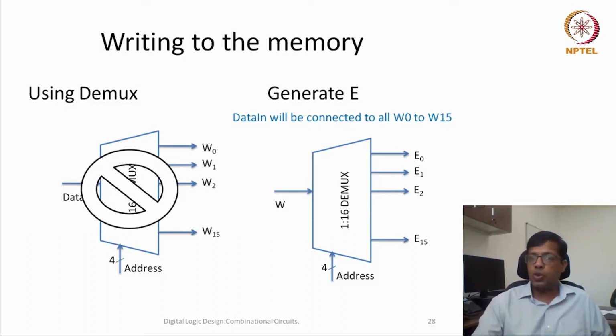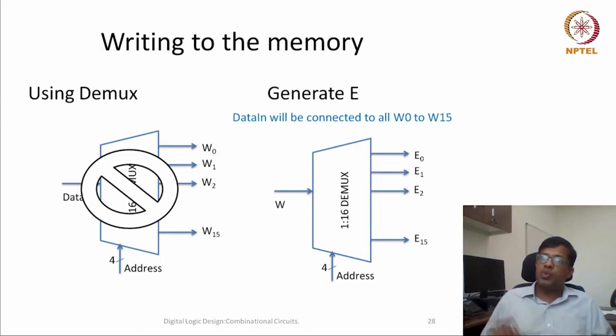Then there would be 16 outputs, of course, and now those 16 outputs have to be ANDed with the write, so that if write is 1, then only that particular enable signal will be 1, otherwise it has to be 0. So that's how we have to think rationally. We have to see which particular circuit can be used so that my end requirement can be met.